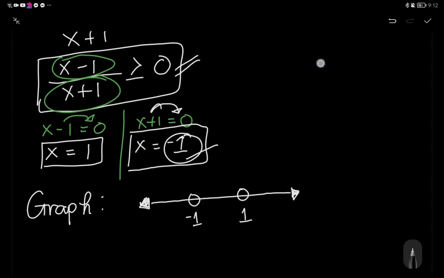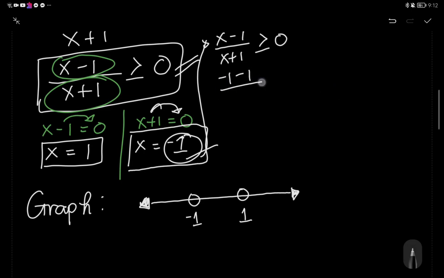inequality undefined. Why? We have x minus 1 over x plus 1 is greater than or equal to 0. If we are going to substitute negative 1 as the value of x in our inequality, this becomes negative 1 minus 1 over negative 1 plus 1 is greater than or equal to 0.